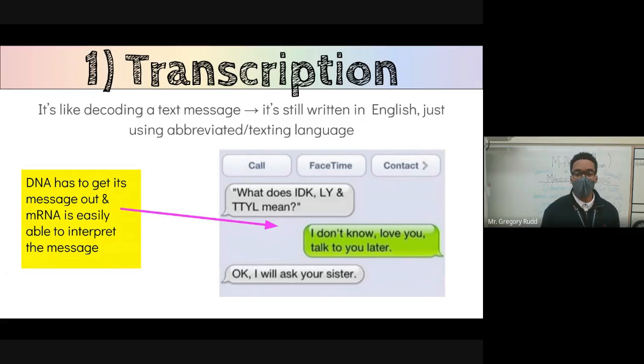But of course, RNA uses U's, whereas DNA uses T's. And RNA uses a ribose sugar, whereas DNA uses deoxyribose sugar. So same language, but just written a little bit differently. Kind of like in a text message, if you were to have abbreviations, the abbreviations are there in English for the most part, but you might need to explain them a little bit differently.